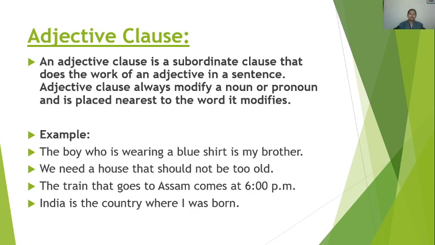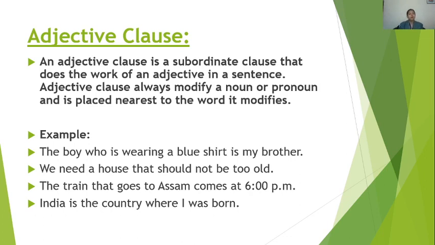We know that, children, adjectives are always placed closest to the noun or pronoun they modify. In the same way, an adjective clause also functions: it is placed nearest to the word it modifies.